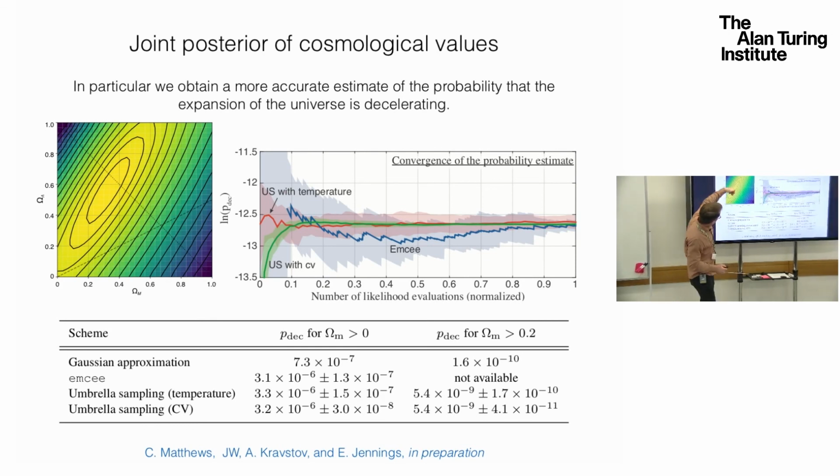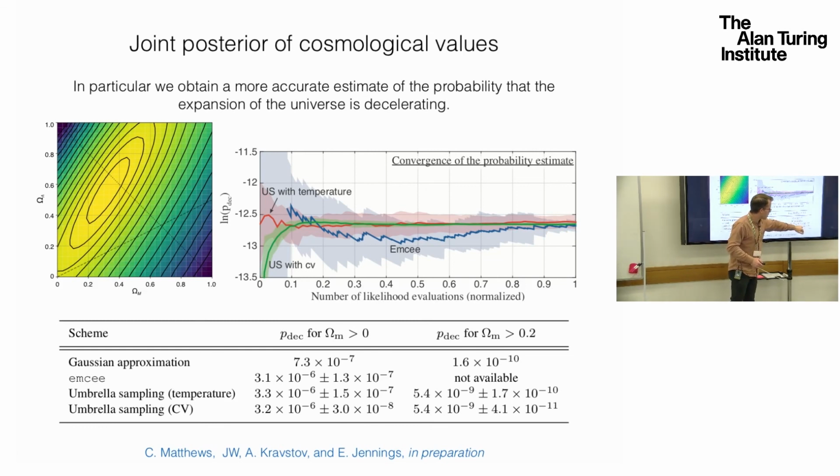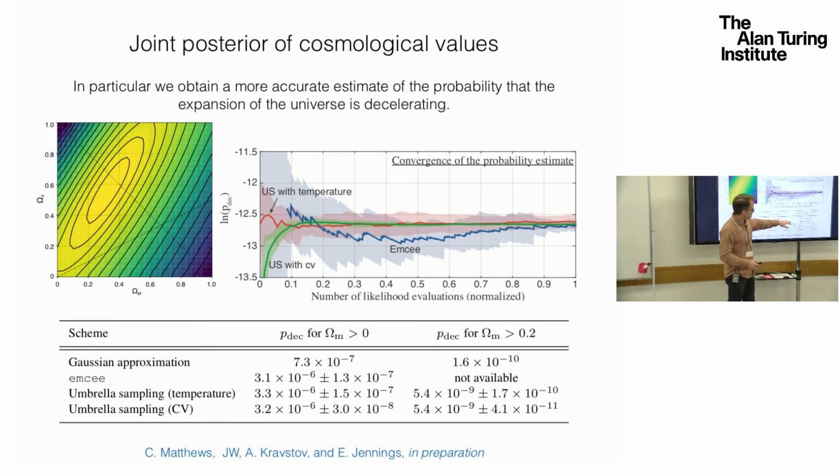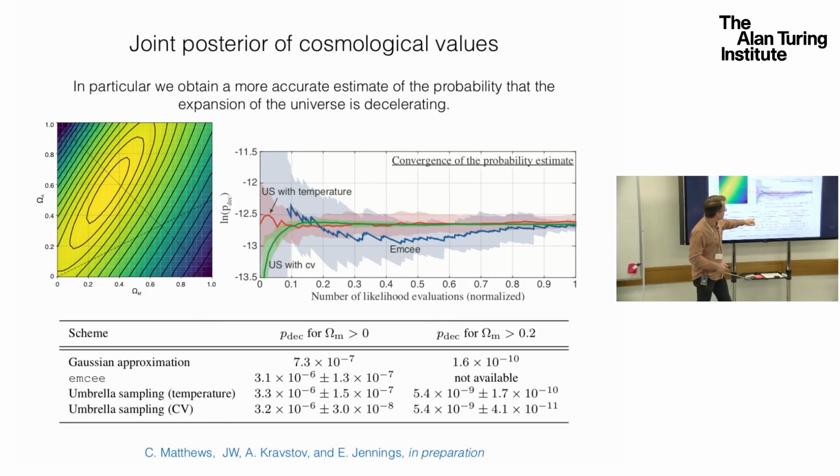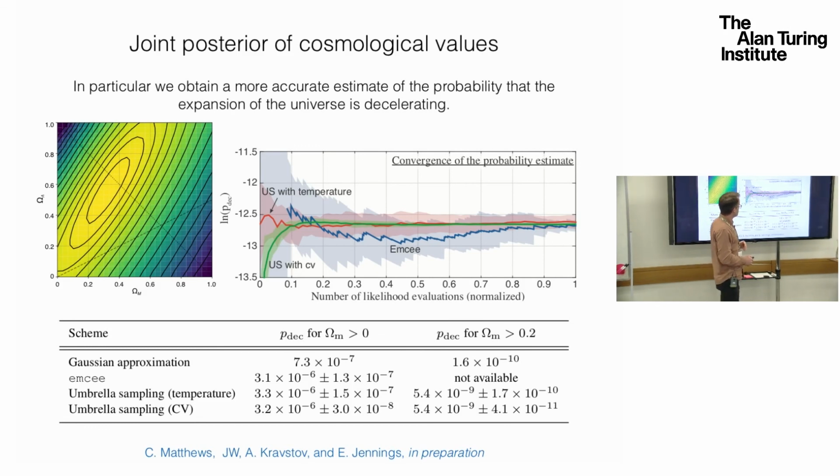Since this corner of the triangle is the most likely, that chops quite a bit of probability from the probability of deceleration, and we get much smaller numbers, which using a direct MCMC scheme you just can't compute. So here's the error without this constraint, omega m greater than 0.2.